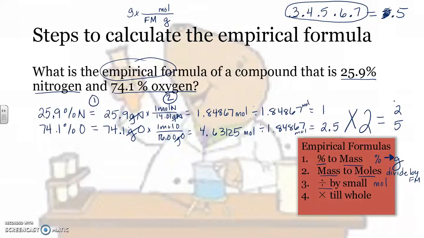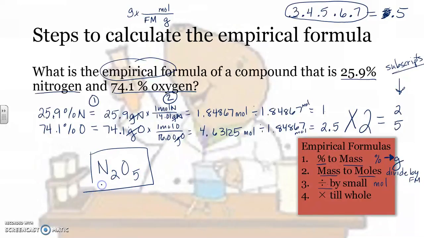We want whole numbers because guess what? These are now going to be our subscripts in our formulas. Okay, so we take the N, there's 2 of them, and the O, there's 5 of them. And that, ladies and gentlemen, is your empirical formula. Don't worry, if I lost you, we will practice when you get to class.